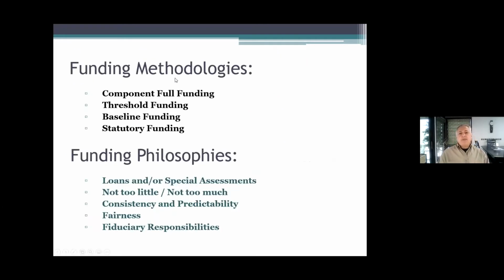So we looked at these methodologies. But what you have to consider when you're looking at those at the same time is really a philosophy for reserves and what you are asking people to pay monthly. How do you feel about loans or special assessments?